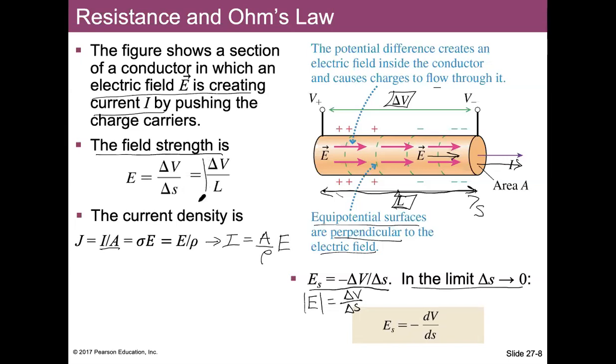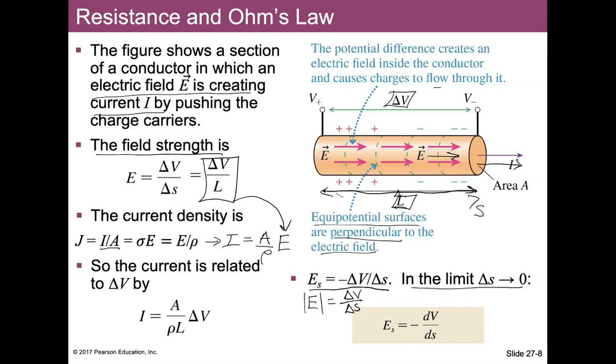Now I know that the strength of my electric field is the change in the potential over L. So I can rewrite this and see that the current is related to delta V by I equals A over rho L times delta V. The current is equal to the area over the resistivity times the length, times the change in the potential.